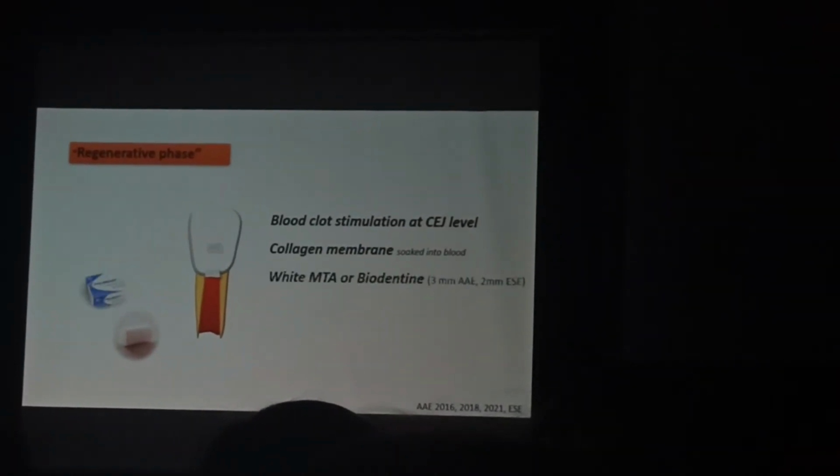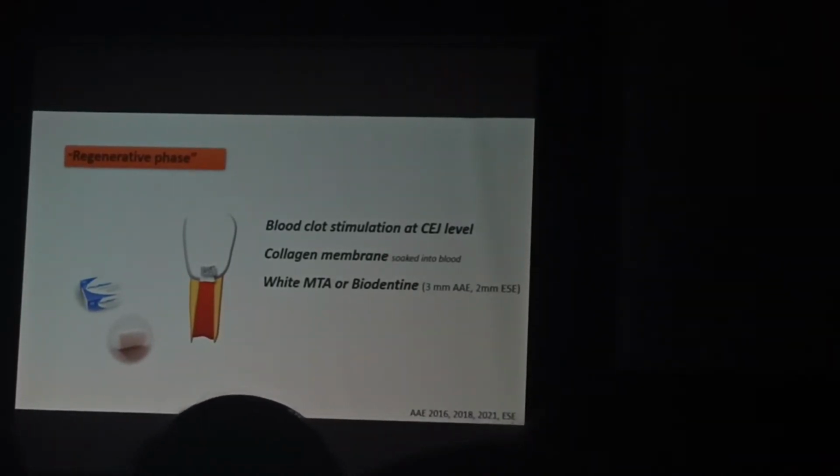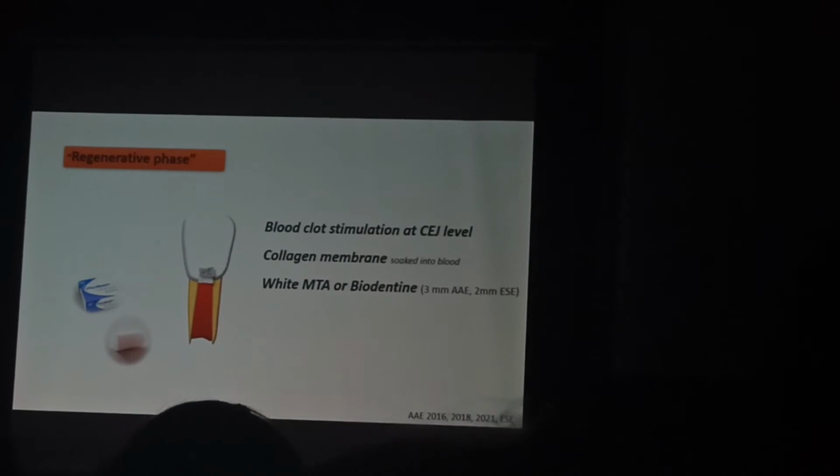After that, ready for the next step? We place a collagen membrane on the top, and then place some bioactive material, which may be MTA or Biodentine, on the top. The reason for using the collagen membrane is just to prevent the extrusion of the material into the canal.